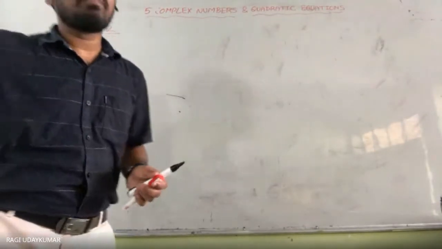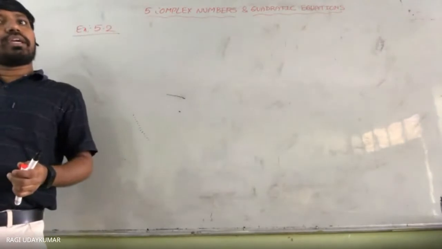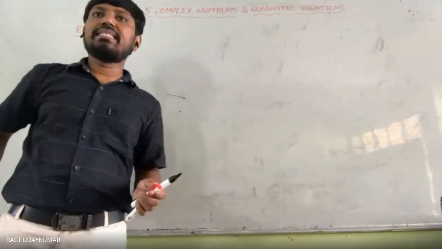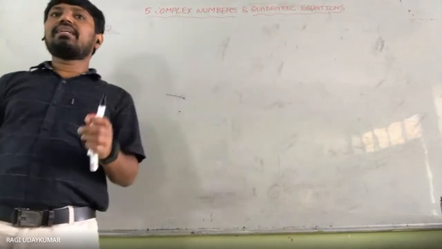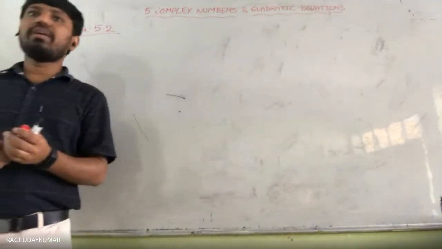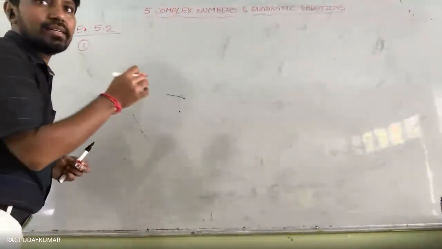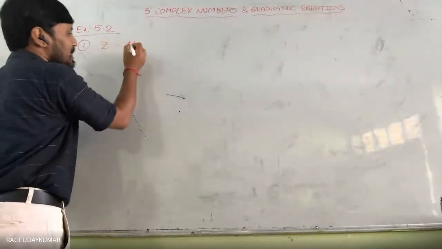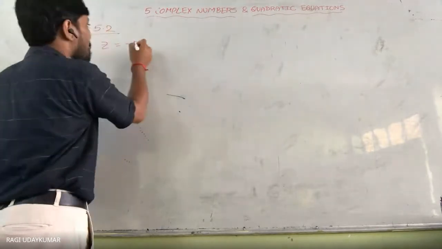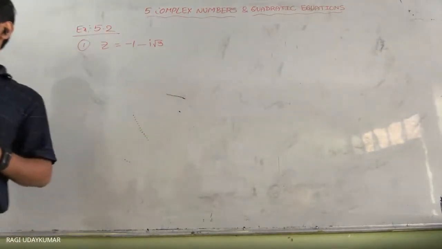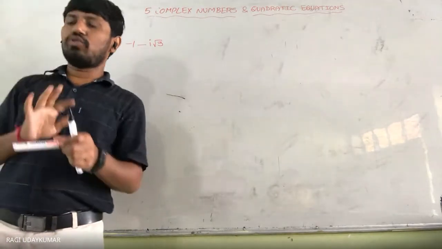Simple here. Find the modulus and argument of each of the following complex numbers. For the complex numbers given to you, you need to find the modulus and argument. What is the first question given here? Z is equal to minus 1 minus i root 3.